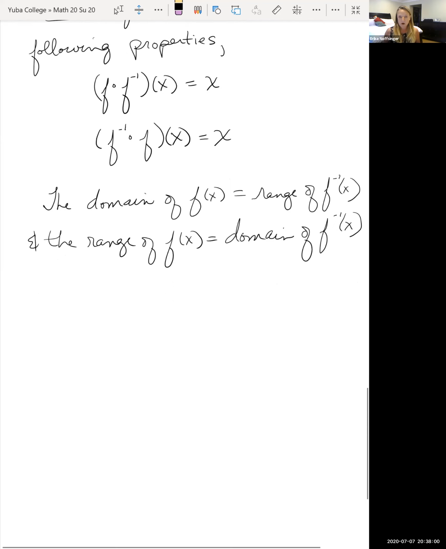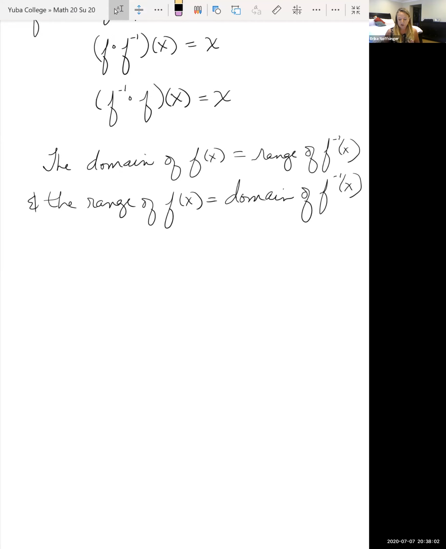So if you recall, when you were trying to find inverse functions, if a function had an inverse, basically you rewrote your equation, you swapped your x and y values, and you solved for y. Swapping x and y, x is your domain, you're swapping it for your range for your inverse function. The y values are now becoming x, so your range is now becoming the domain.